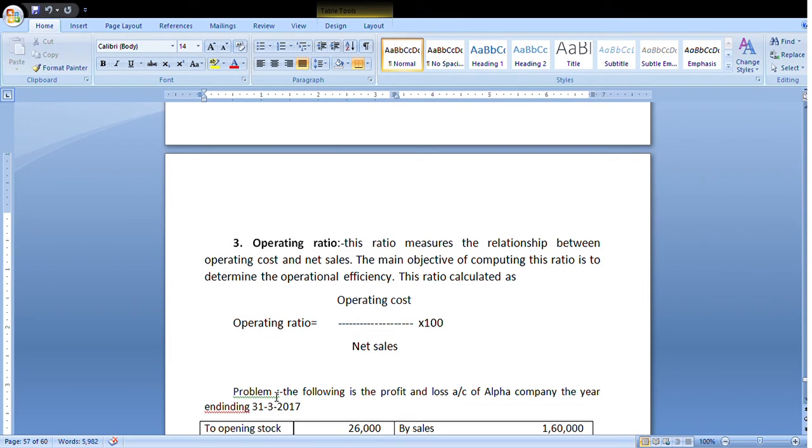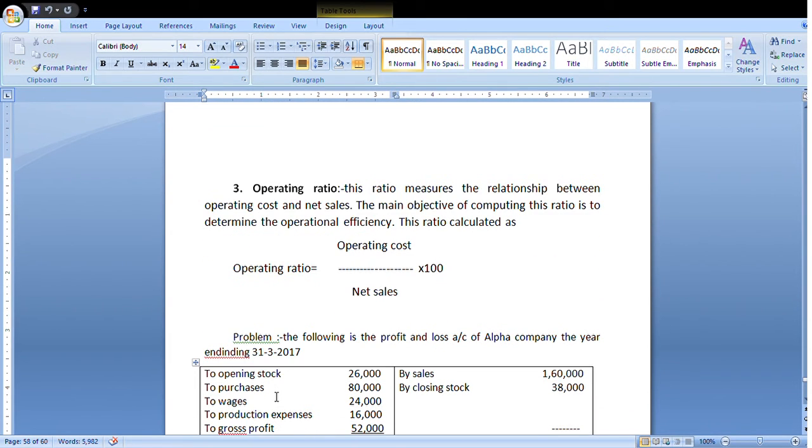Next one is operating ratio. This ratio measures the relationship between operating cost and net sales. The main objective of computing this ratio is to determine the operational efficiency. This ratio is calculated as: operating ratio is equal to operating cost by net sales into 100.